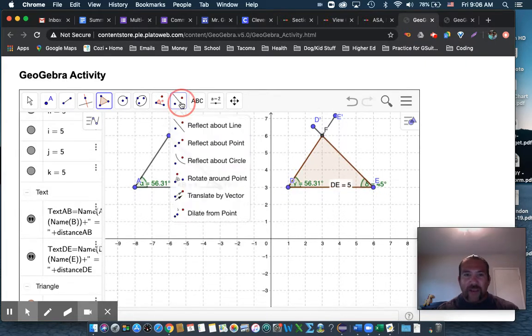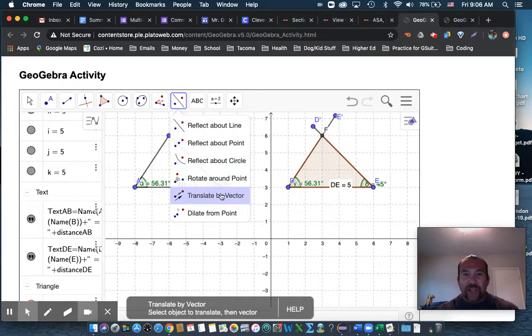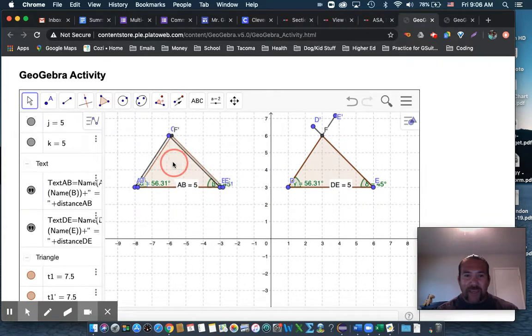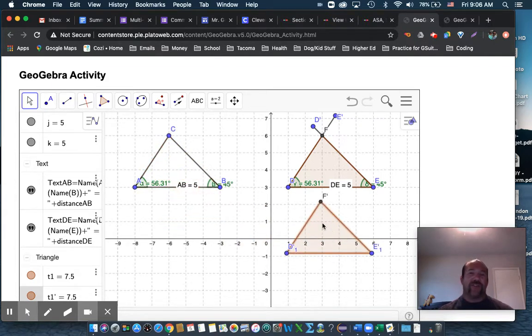And then remember we have our transformation functions. So if I want to translate by vector, now you can see my polygon is shaded. So I should be able to drag this thing and it fits directly on top of that guy right there, which is cool, right? This triangle is the exact same size as that triangle right there, and we made it using constructions of this GeoGebra aspect.